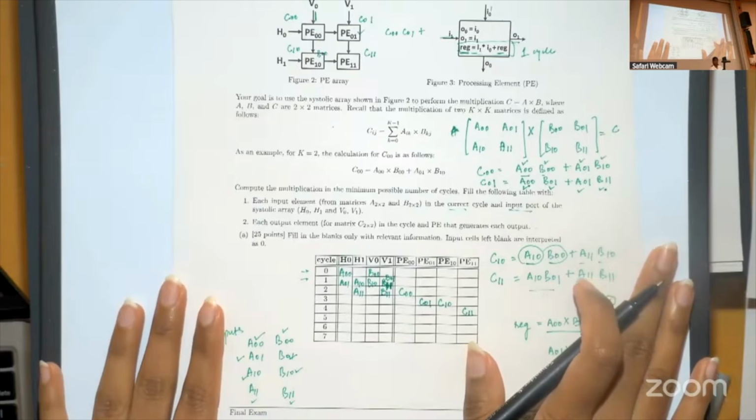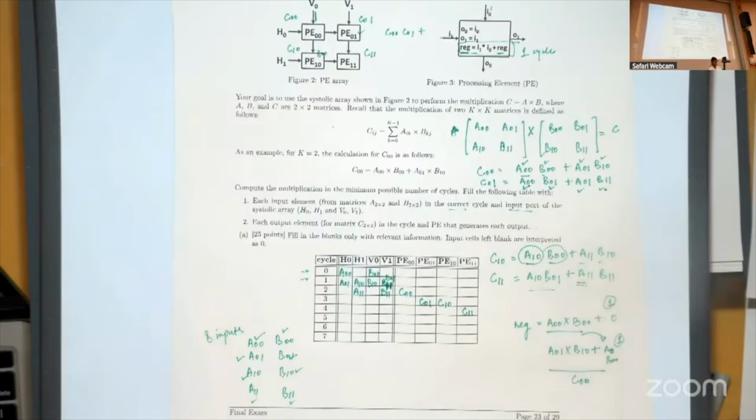Just one question. In that cell, should there be A00 times B10?